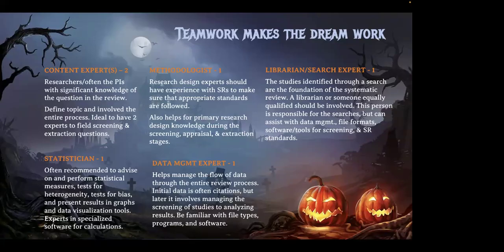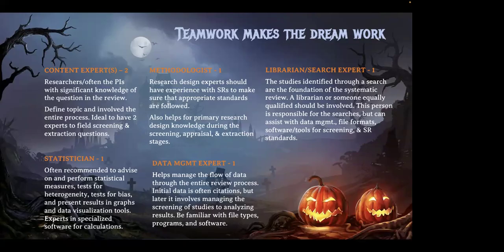We can work with many different databases. We can help with some gray literature searching, but we're also responsible for the searches and the database translations, and we have a lot of experience with data management, file formats, and the software and tools that you can use for screening. And also we can guide you to the appropriate systematic review standards as well.